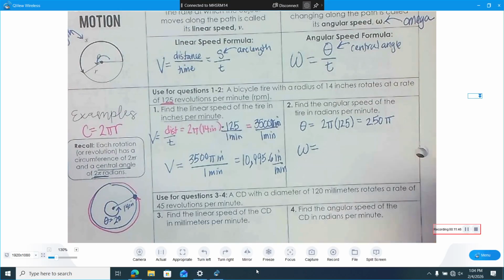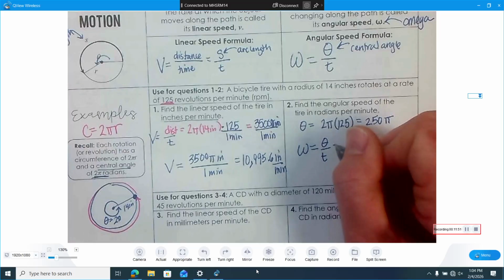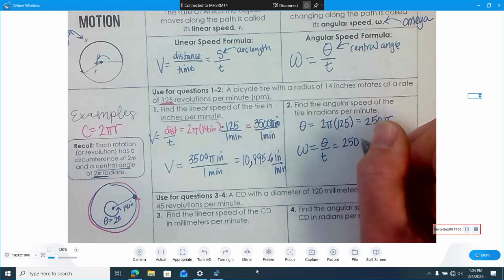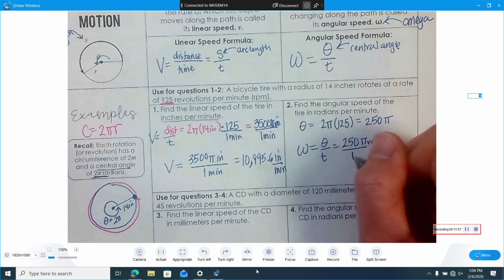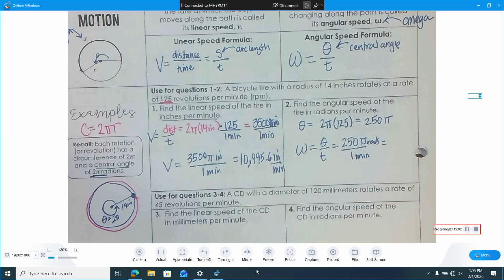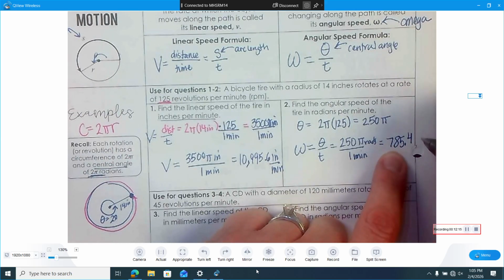To get the angular speed, it is theta over our time, which was 250 pi radians over 1 minute that we were told we went. 250 pi divided by 1 is 785.4 radians per 1 minute.